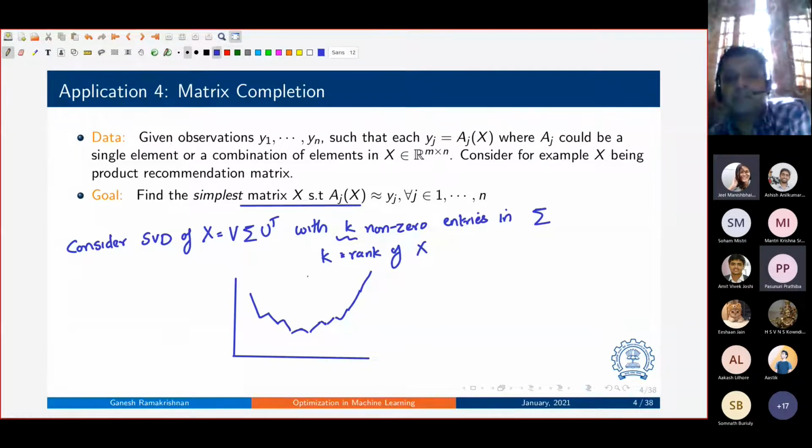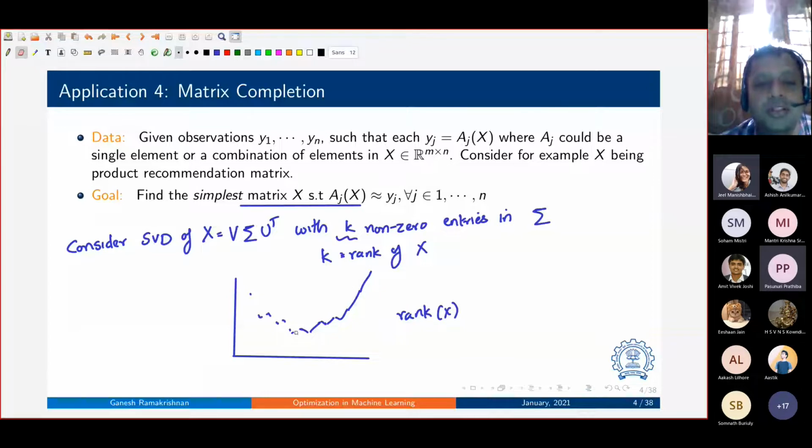However, minimizing the rank is a challenging issue. I've actually shown rank X to be continuous, but it's not even continuous. So ideally I should just show it as a bunch of dots here.